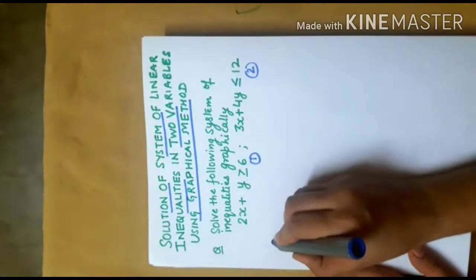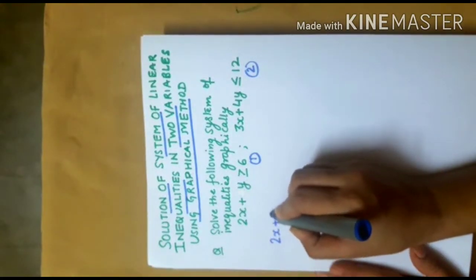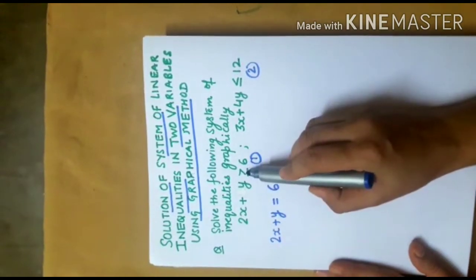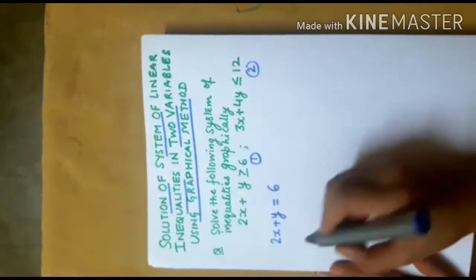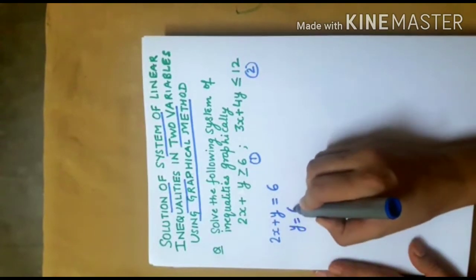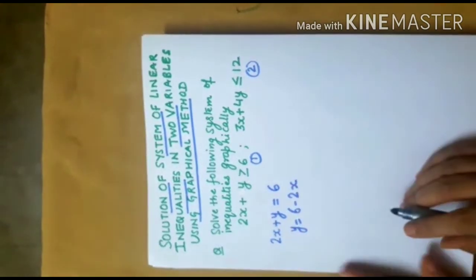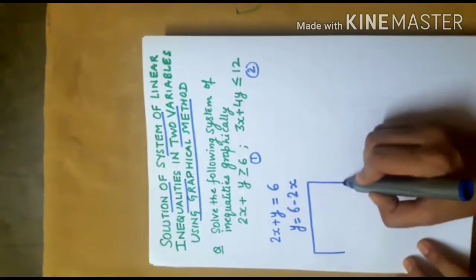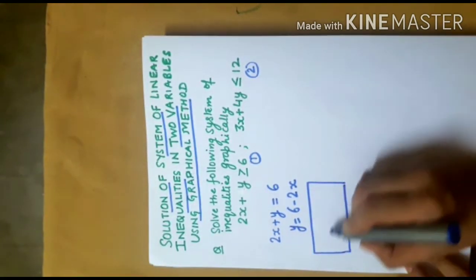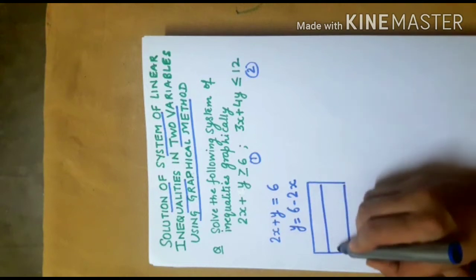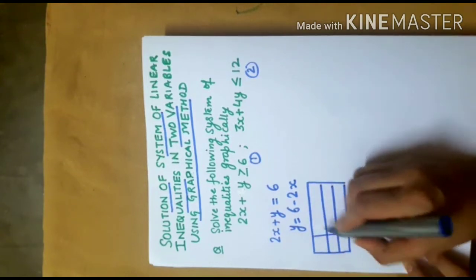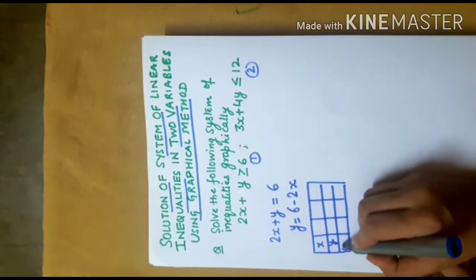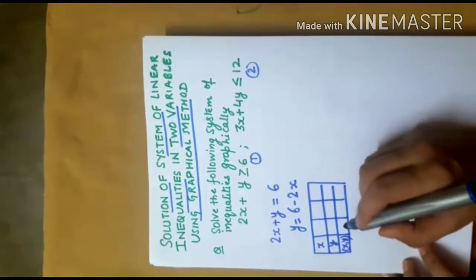First convert this inequality into the statement of equality, that is, replace this sign with the equality sign. So y will be equal to 6 minus 2x. So I'll get the three solutions of this equation, as ordered pairs x comma y.